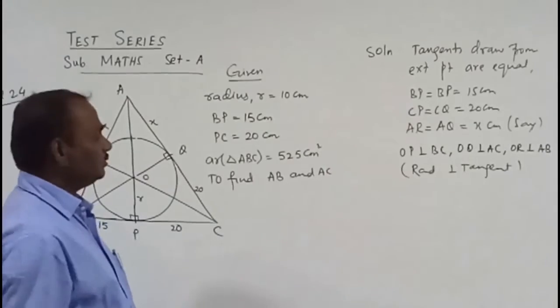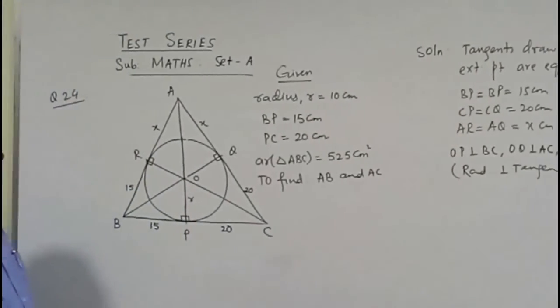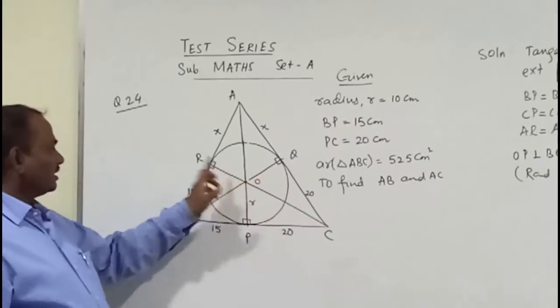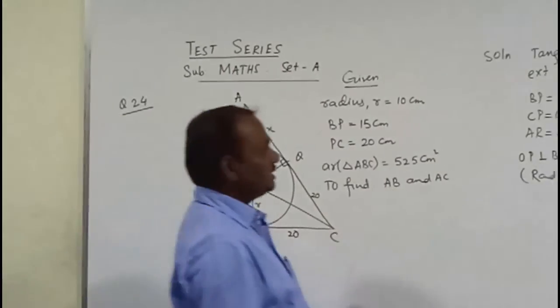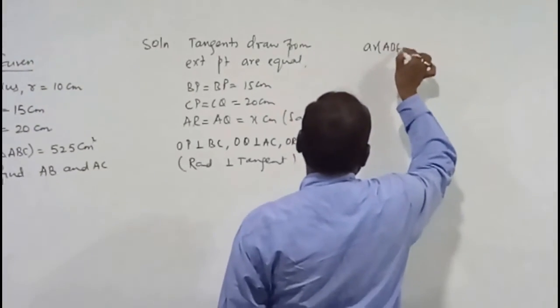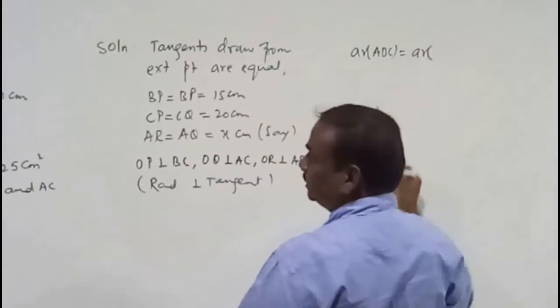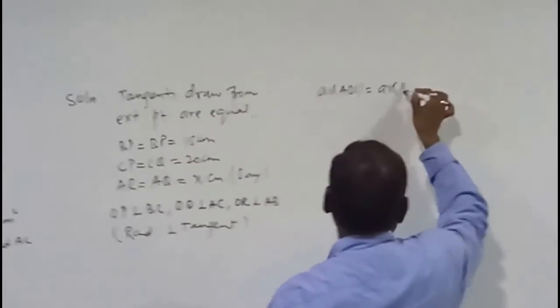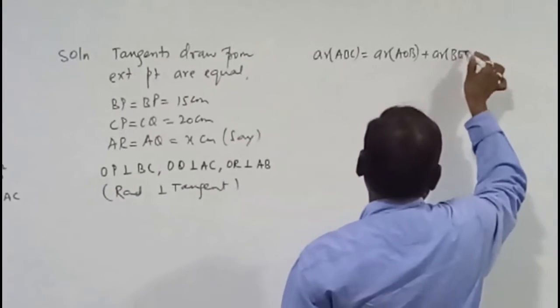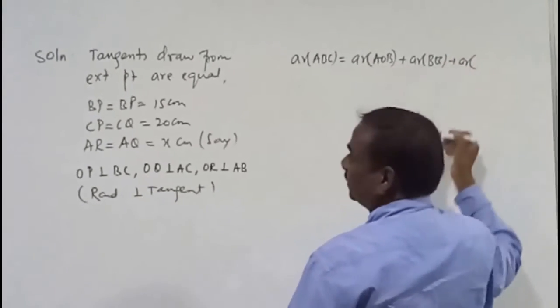This is written only to enable us to understand that this is the height for this particular triangle. Similarly this and this are also the heights. So now I can say that area of triangle ABC is equal to area of AOB plus area of BOC plus area of AOC.